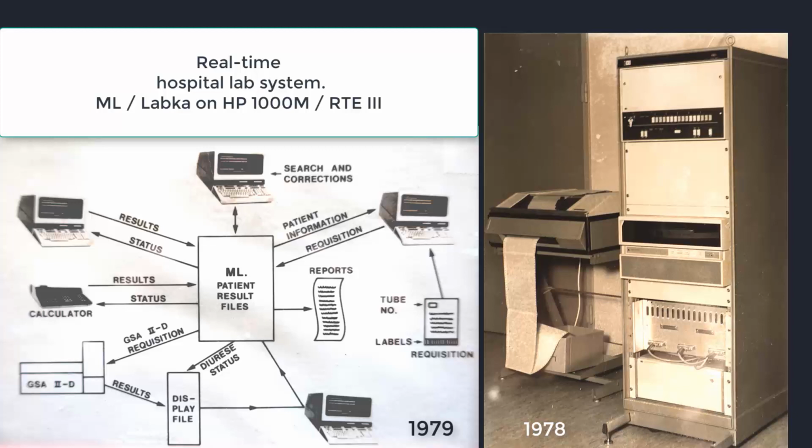And a bidirectional interface, where the computer both receives results and tells the instrument which analyze it has to perform, was rare. The Greiner 2D, which was a very large and expensive analyze machine with conveyor belts and many dispensers, got this bidirectional interface in connection with the HP 1000 project.